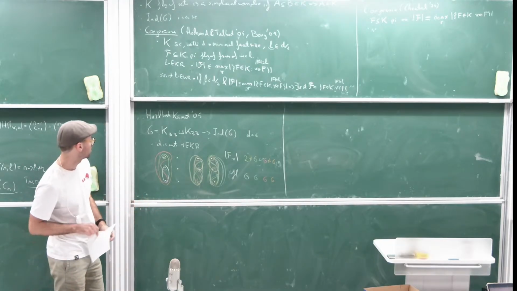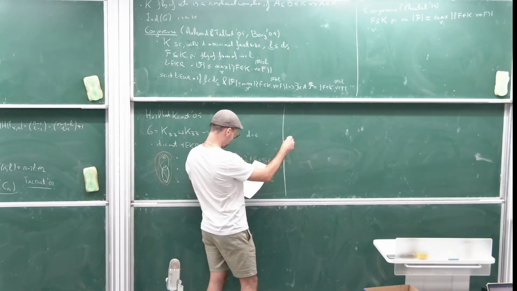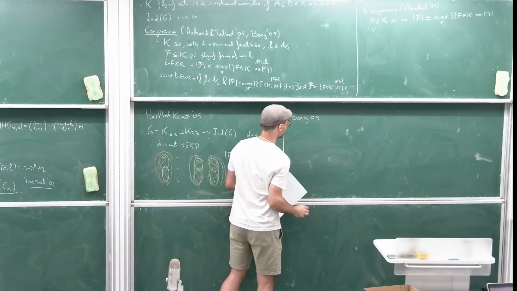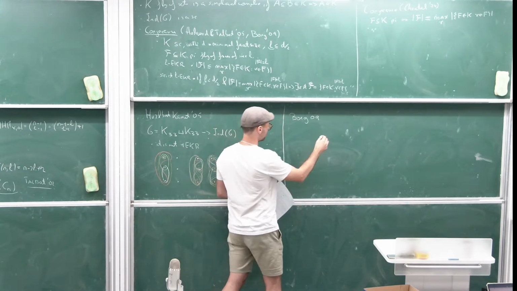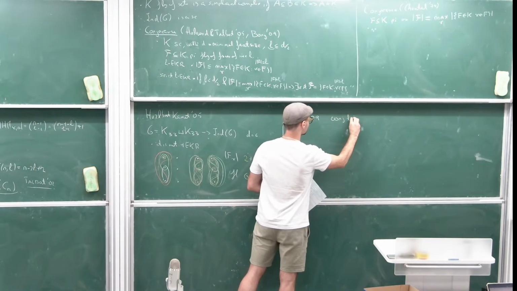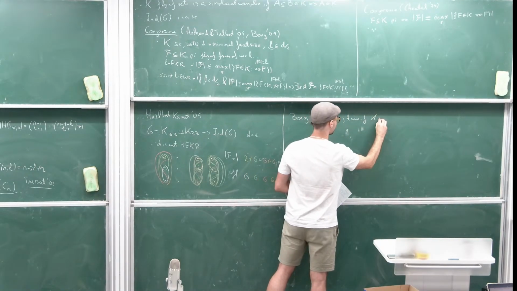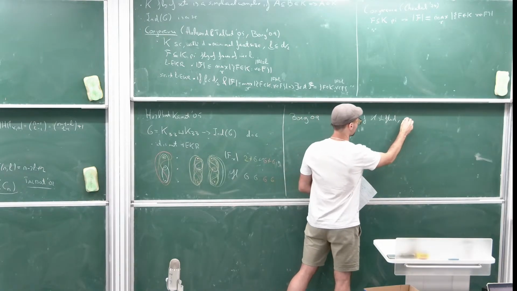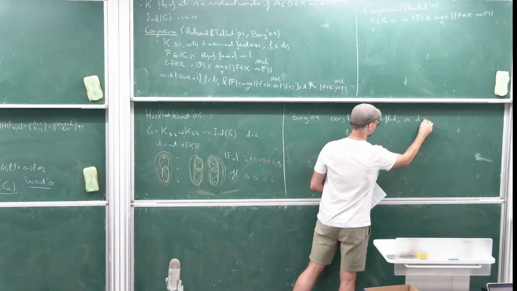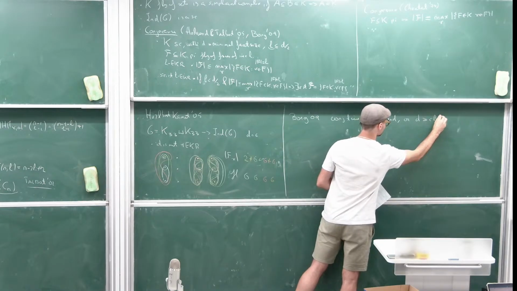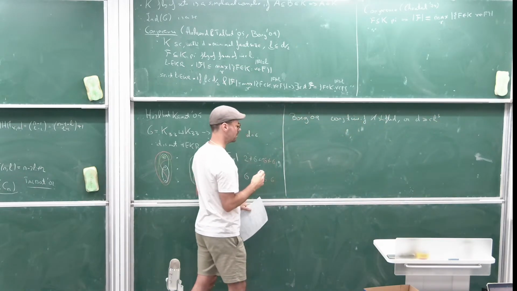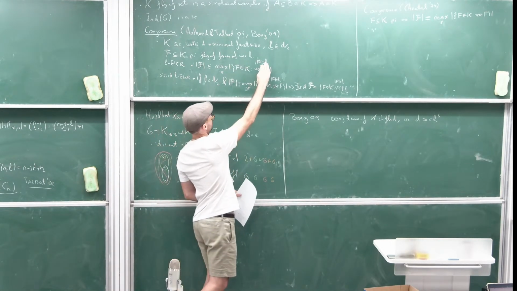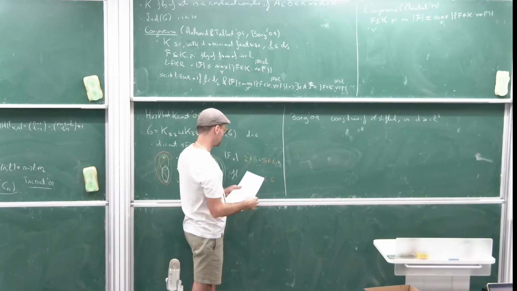Then there was a big result by Borg in 2009, who showed that the conjecture is true if K is shifted, which I will say in a second, or if d is large enough, like if d is at least cubic in the size of the faces you're looking at.